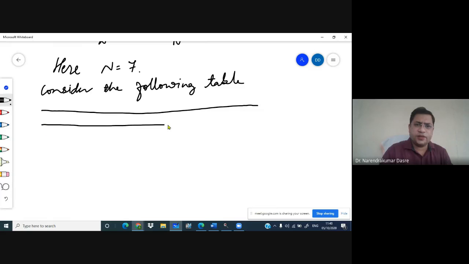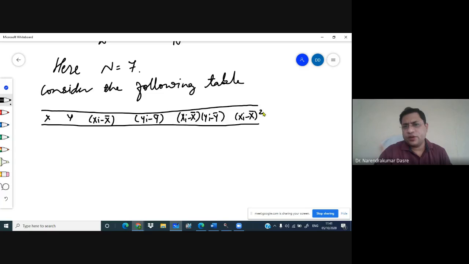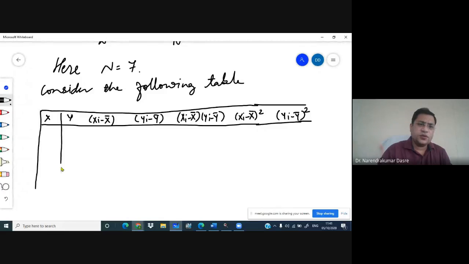The terms required are: given x, given y, then xi minus x bar, yi minus y bar, the product of xi minus x bar into yi minus y bar, and xi minus x bar bracket square. If we want to find both the lines, then we also need the term yi minus y bar bracket square. Okay, so this is the table we have to consider.